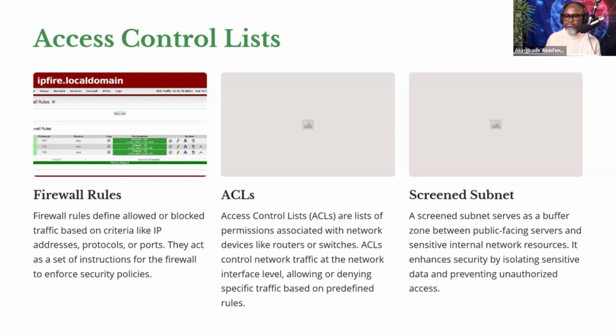An access control list is mostly permissions associated with your network devices like routers and switches, defining how we allow or deny you access based on predefined rules. So always remember that anytime you hear firewall or ACL, they are mostly predefined rules we've all agreed on.